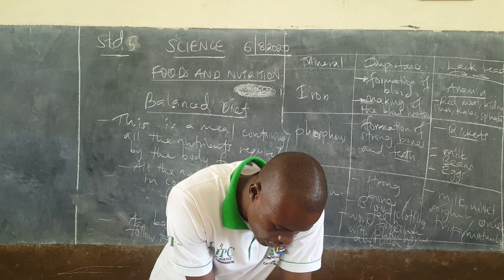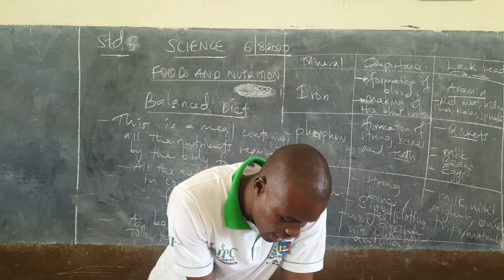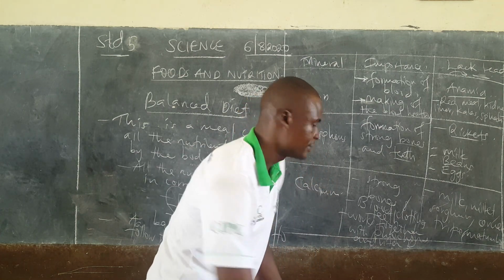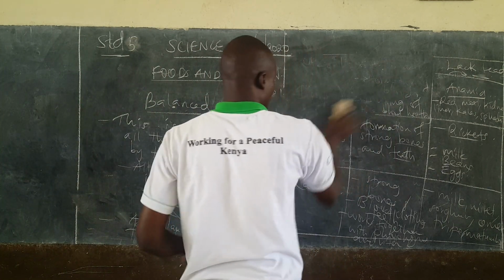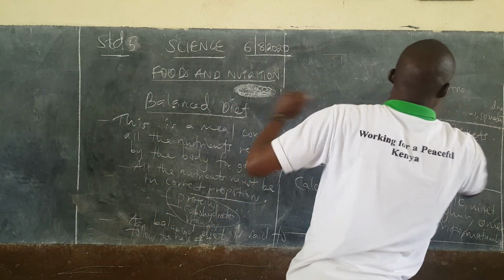Then other essential components of diet are water and fiber. That is very, very important. Water and fiber.